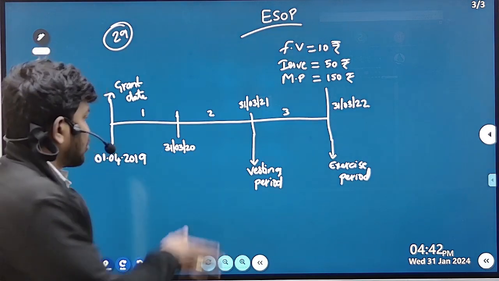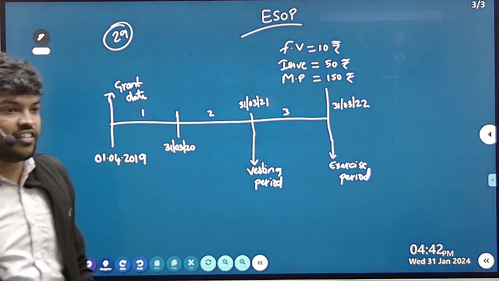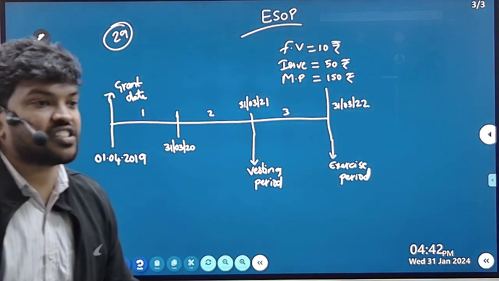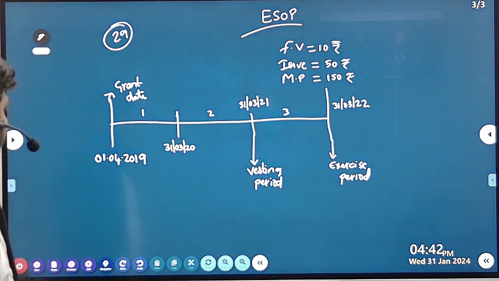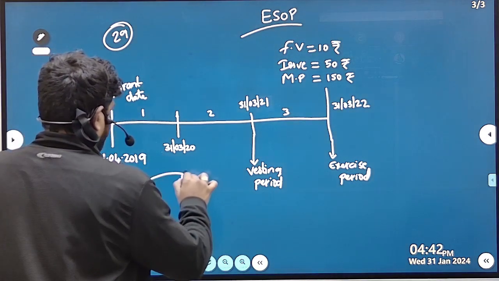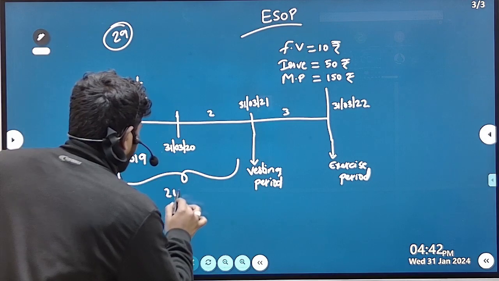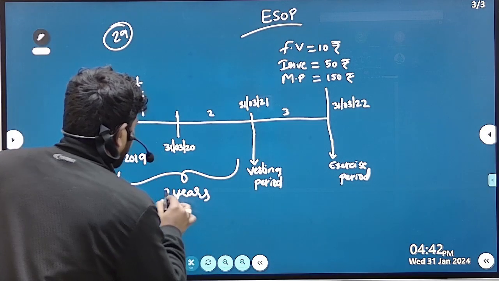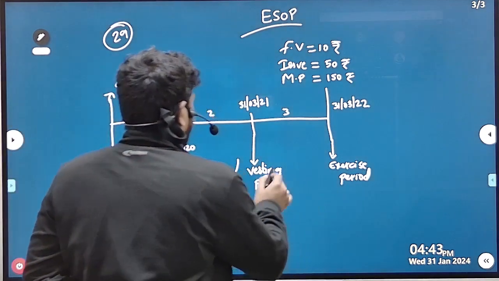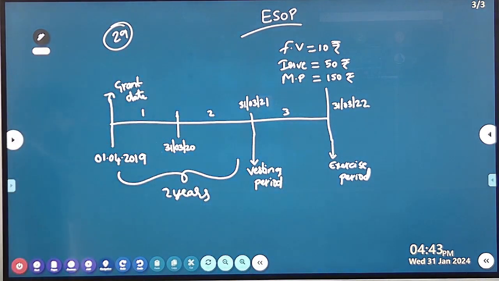So that's why this 2 years is called vesting period. Period in which the employee has to satisfy certain conditions is called vesting period. 2 years vesting period. 1 year exercise period. Understood?